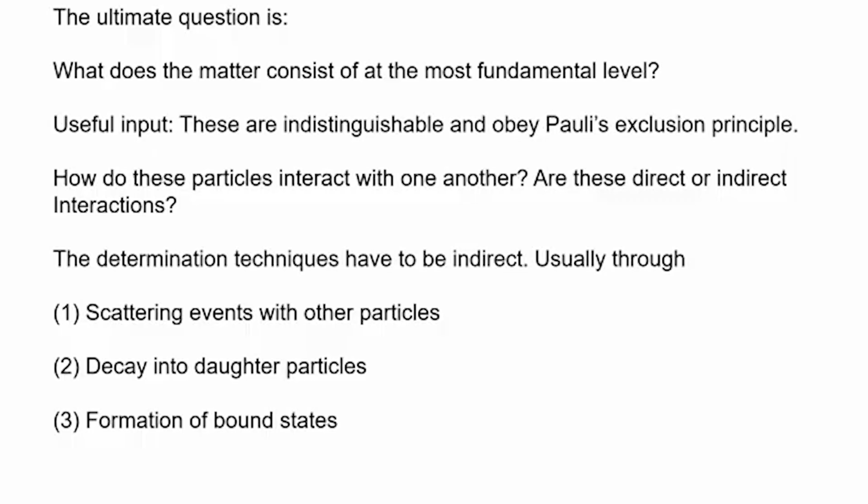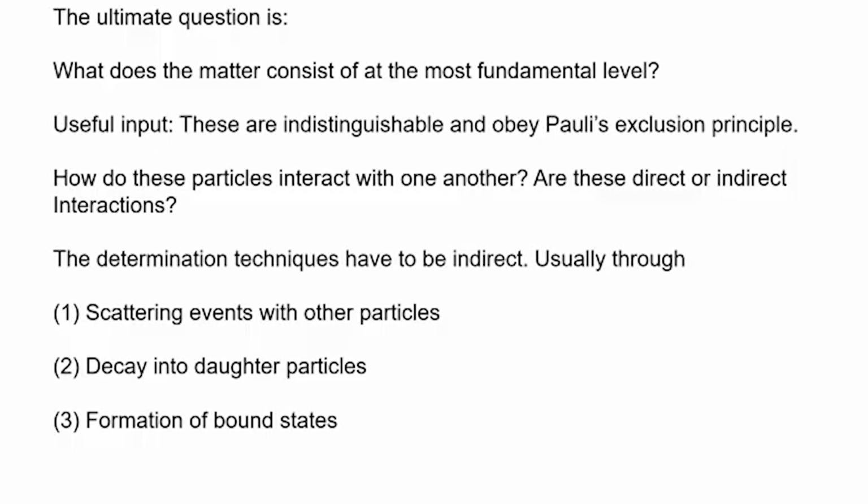And if there are more particles that we have missed out in that description, a useful input comes in the form that these are indistinguishable particles, they are quantum particles, and they are indistinguishable from one another. So, the statistics that you form has to take into account this indistinguishability.